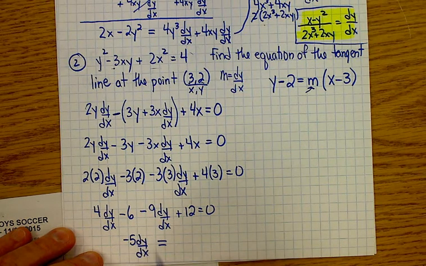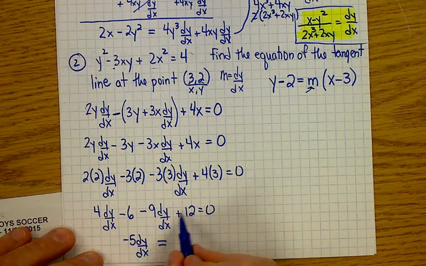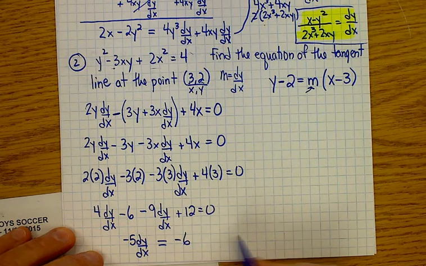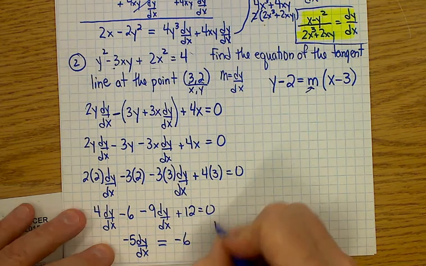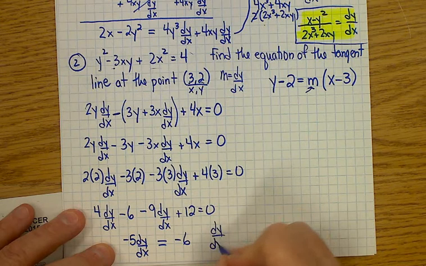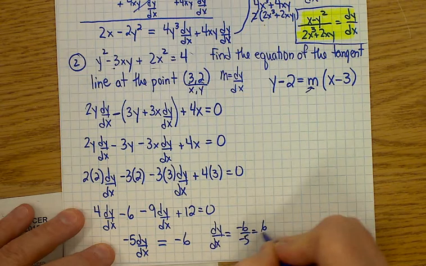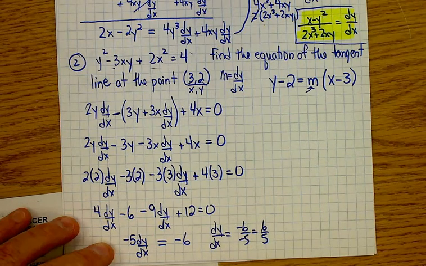I'm going to add these two together, and that's a positive 6. And I'm going to bring it to the other side. That's going to make it a negative 6. So then I'm going to divide both sides by negative 5. So I have dy/dx is going to equal negative 6 divided by negative 5, and that's 6/5. That is what I put in for m.